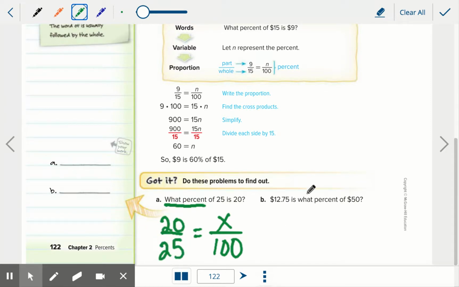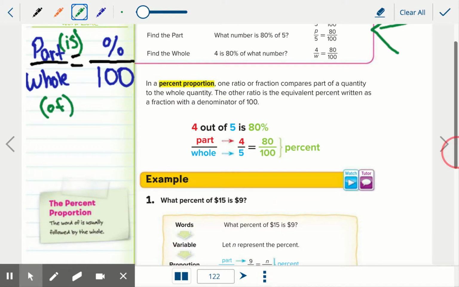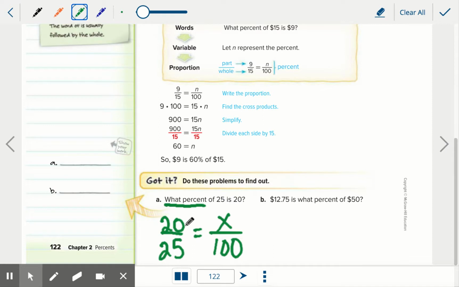And you'll notice a couple of things. Do you guys remember how I also said it was is over of, not just part over whole? So I know just what percent of 25. That means what percent out of 25 is the 20. So the of was 25 and the is 20.